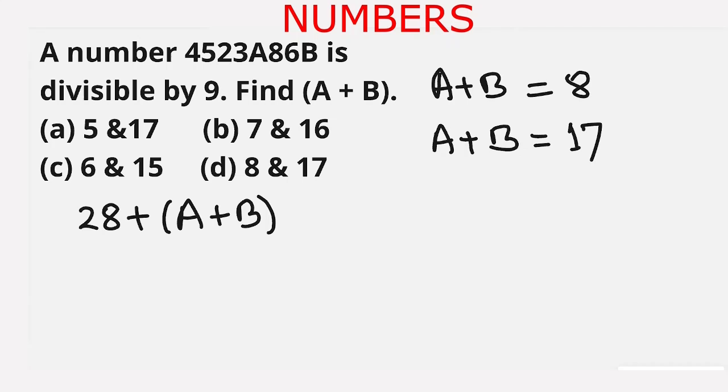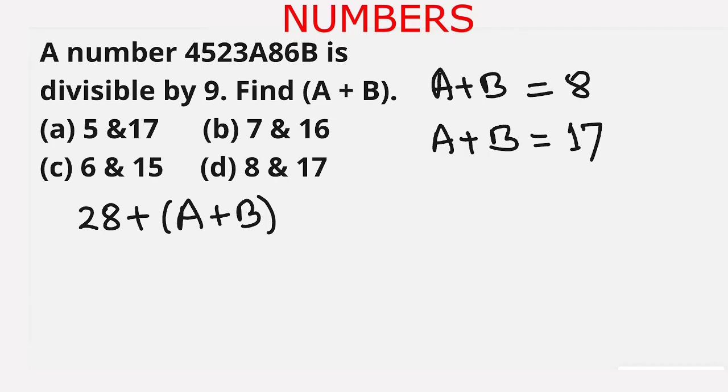Can there be any other value of A plus B? If we add 9 to 17, we get 26. Is it possible? It is not possible, as A and B are digits. So the sum of the digits can be maximum 18, as if A is 9 and B is 9, then adding these two, it can be 18, and any value more than 18 is not admissible.